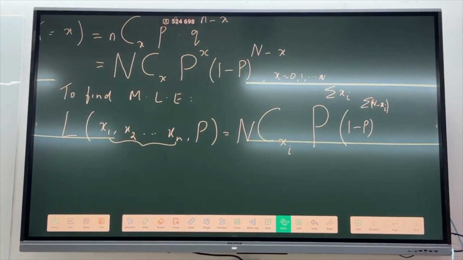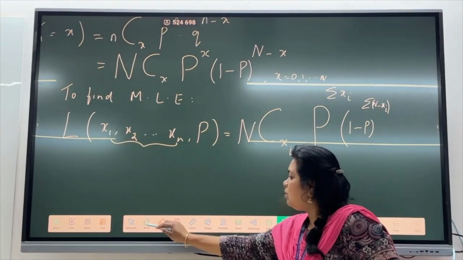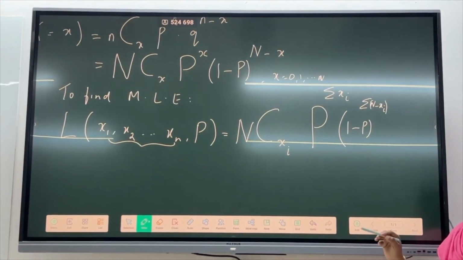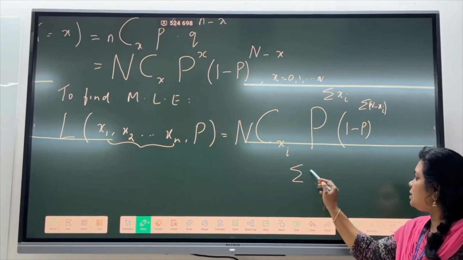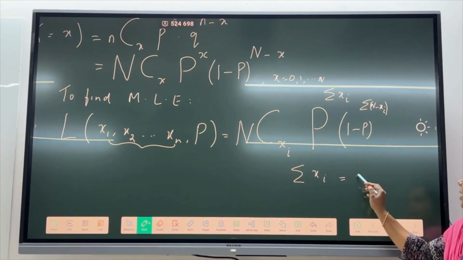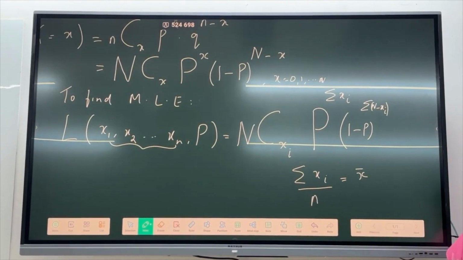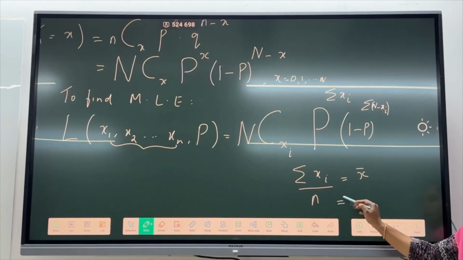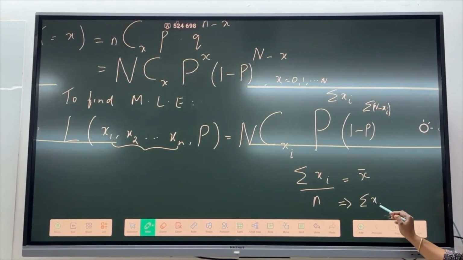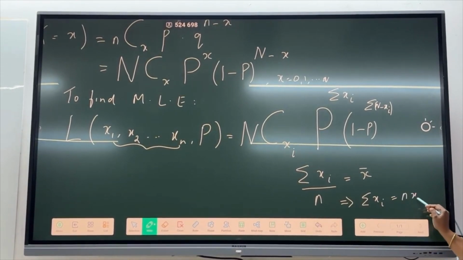Clear? Now, what is summation xi? Summation xi is n x bar, where x bar is summation xi by n.